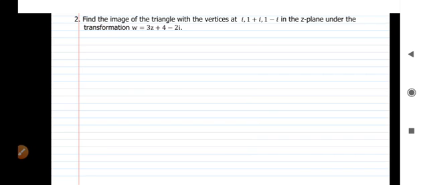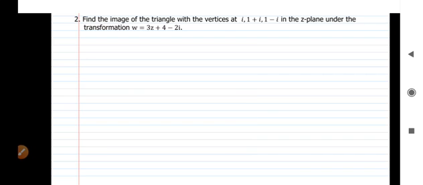Obviously, since rotation and magnification is done, there is no change in the original shape of the region. So surely you will get a triangle in W plane. But because of magnification, the size of the triangle will increase or decrease.